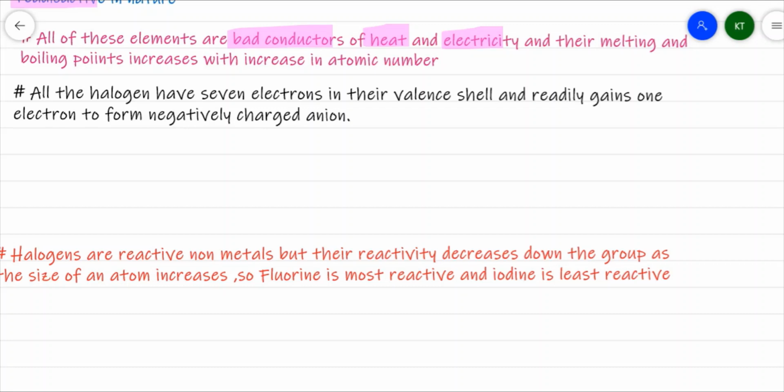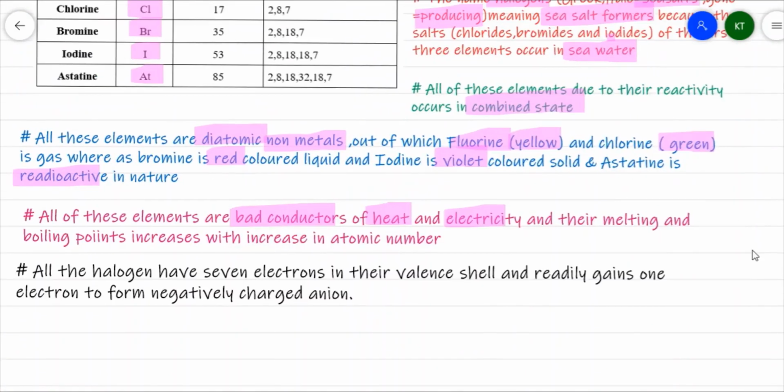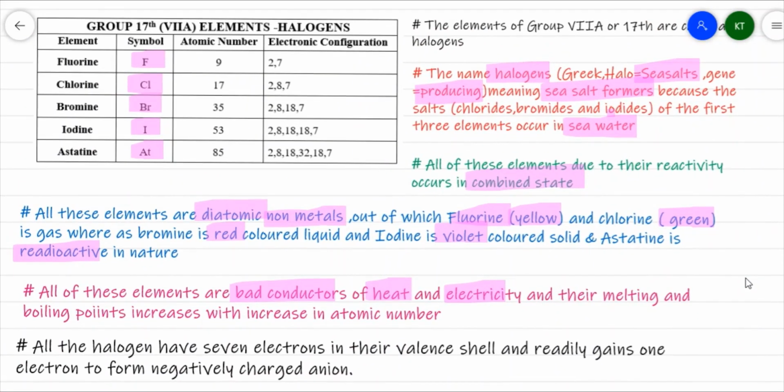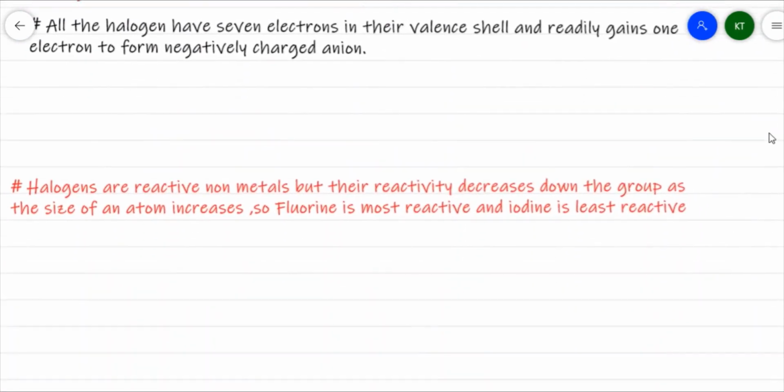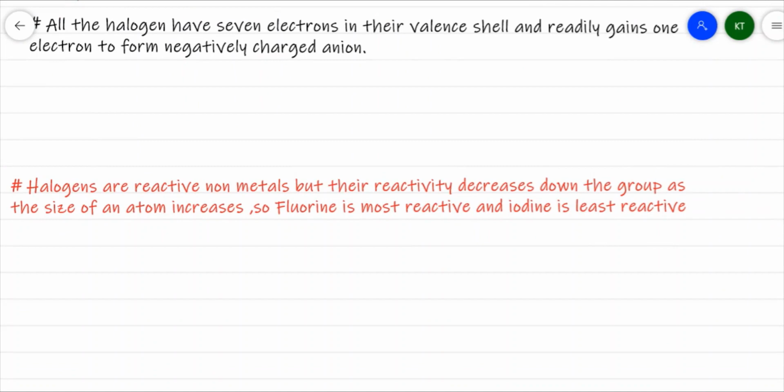Now, all these elements, if you look at their electronic configuration, have 7 electrons in the outermost shell. So these elements readily show a tendency to gain one electron and get converted into a negatively charged ion.